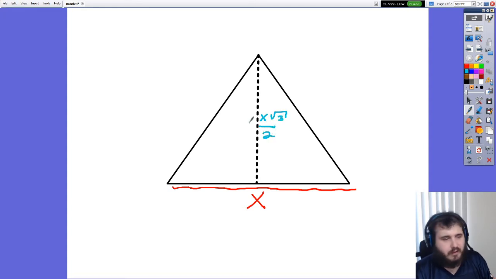So what I would do is just take the X, cut it in half, put a radical 3 on it. Right? You get what I'm saying with that?